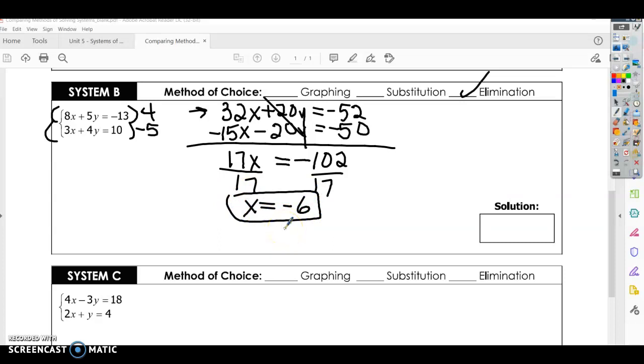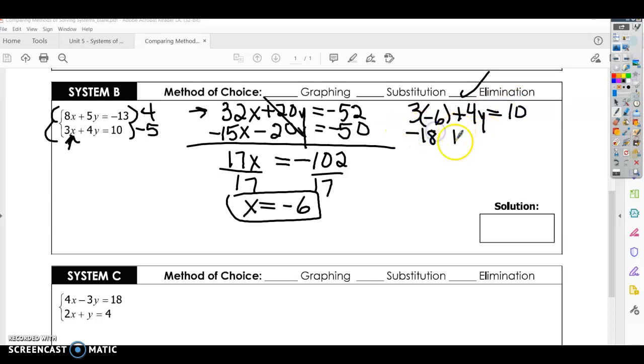And then I have to take the negative 6 and plug it back into one of these equations for x. So that was my x. So I'm going to say 3 times negative 6. Negative 6 is my x now. Plus 4y equals 10.